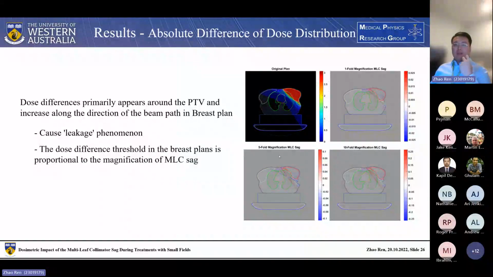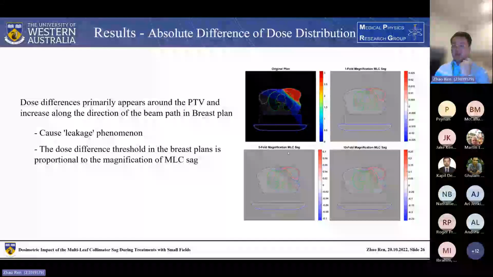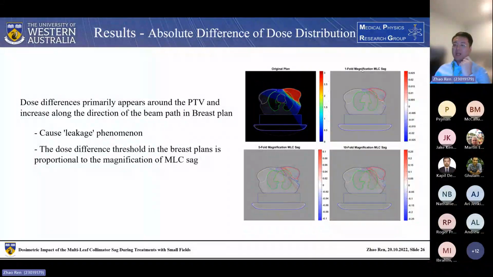And because of that, we will turn to the absolute difference of dose distribution. The dose difference primarily appears around the PTV and increases around the direction of the beam path in the breast plan, as you can see from the one-fold magnification of the sag to 5 and 10. As you can see, the dose difference appears according to the beam path, and that is called the leakage phenomenon.